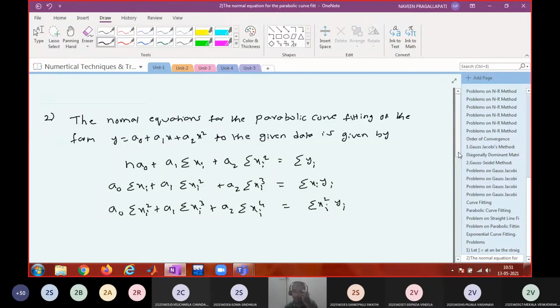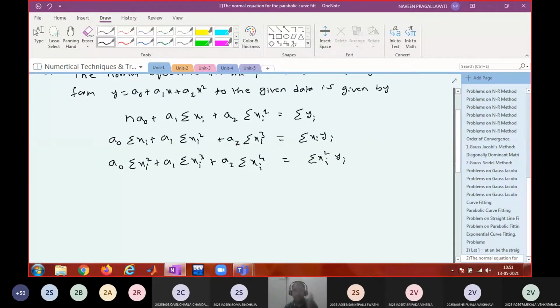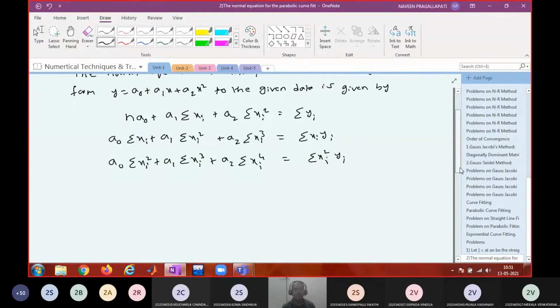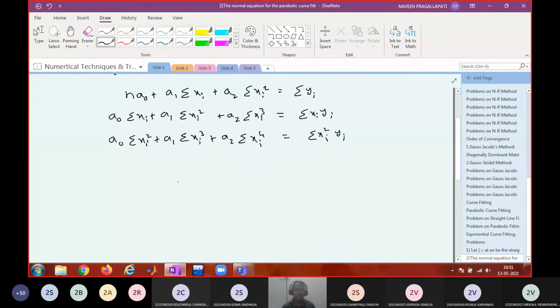Okay. So we prepare a table for all these values: xi, yi, xi square, xi cube, xi power 4, xi yi.